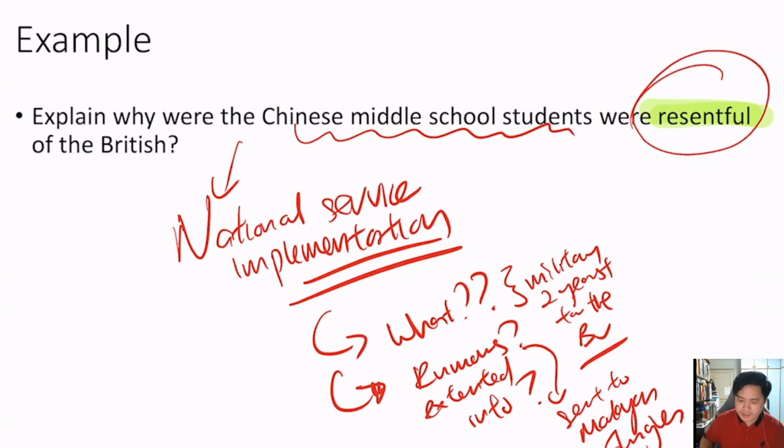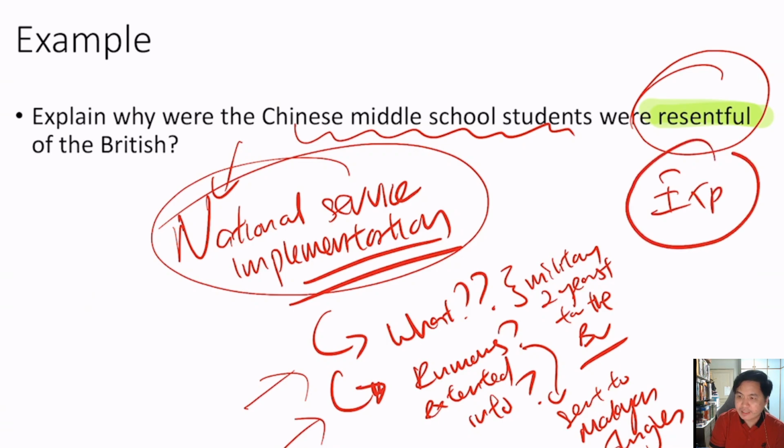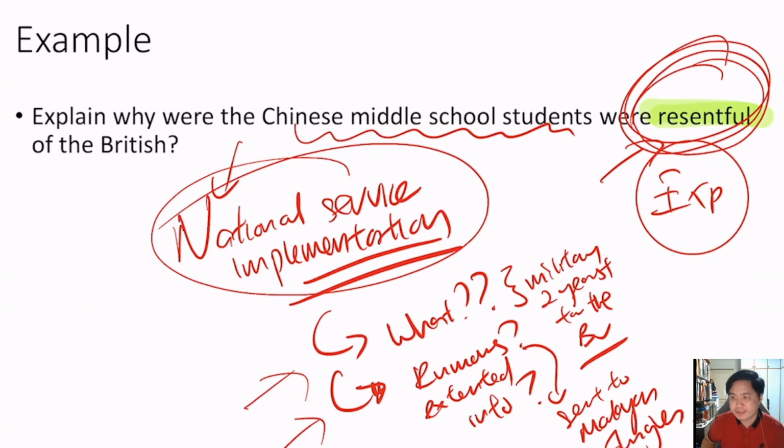Okay. After that, the next thing you'll write down, once I have my anchor here, my anchor is the trigger factor, which is the national service implementation. My details, I'll write what it is, and any possible rumors, extended information of what it is. Now, for my explanation, I'm supposed to write how this led to resentment, because this is my outcome. Resentment. So, because all these things disrupted the studies.